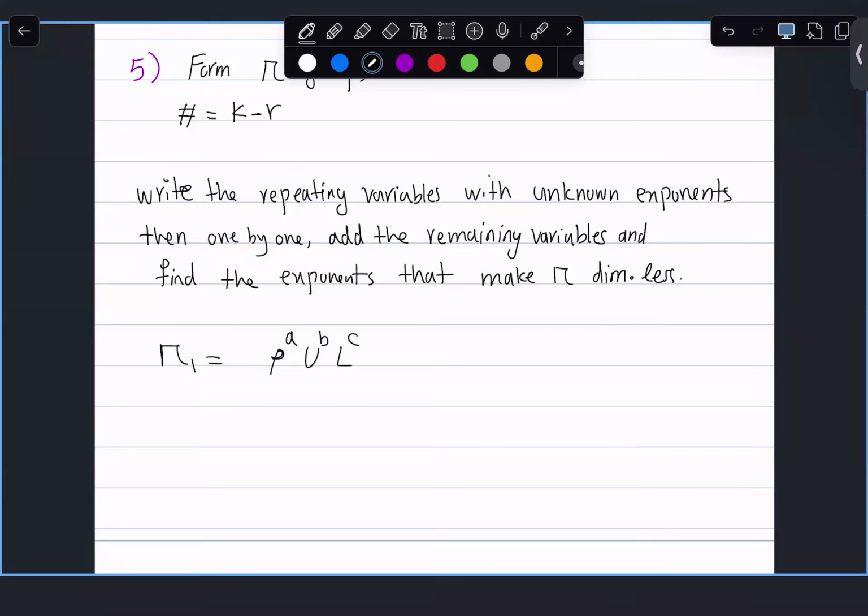Which variables are not repeating variables? Drag force and mu, viscosity. So we're going to add these one by one. First I'm going to add FD.